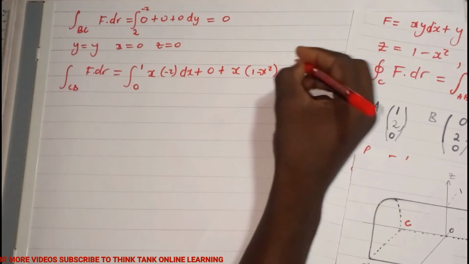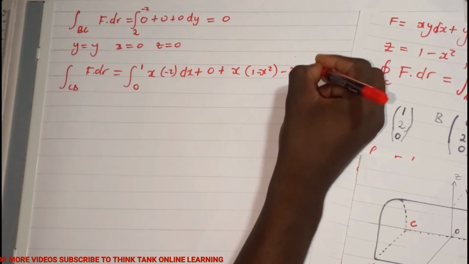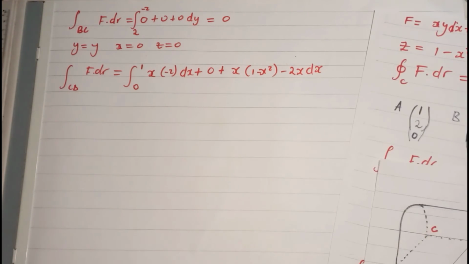What about dz? It's equal to -2x dx. So this is going to be our integral.